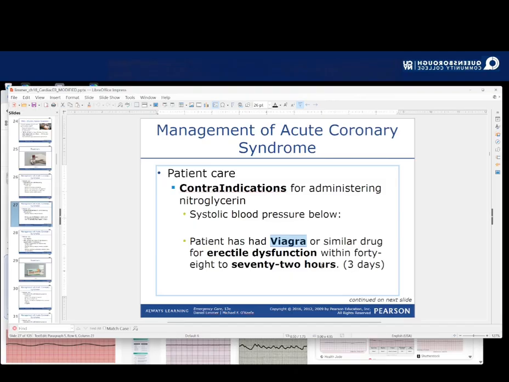If the patient has taken one of these drugs in the last 72 hours, 3 times 24 is 72, so 3 days, and now you give him nitro, then you could see the patient's blood pressure crash right in front of your eyes. So you're supposed to ask, sir, have you taken one of these drugs within the last 3 days?